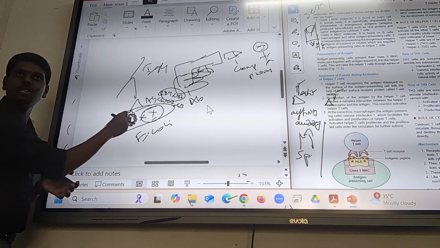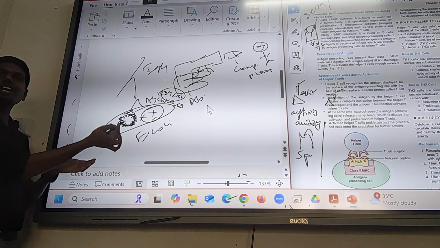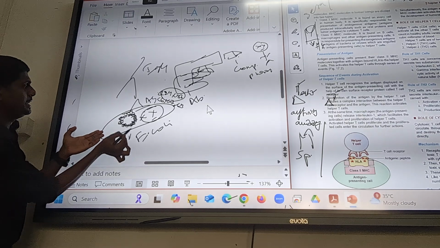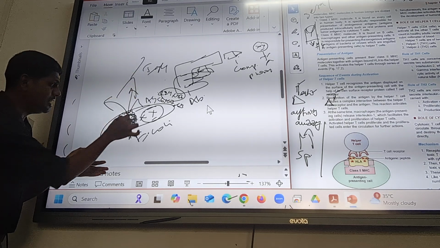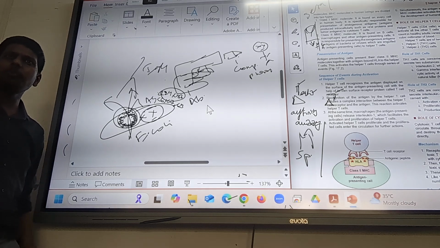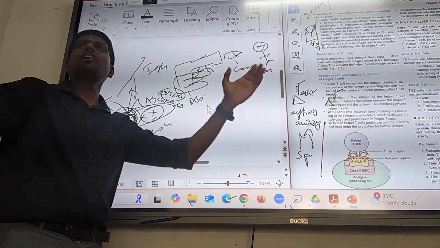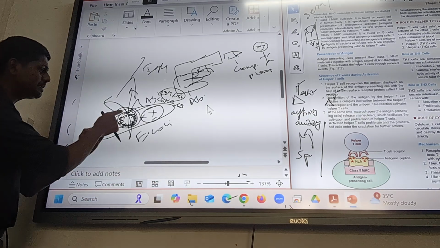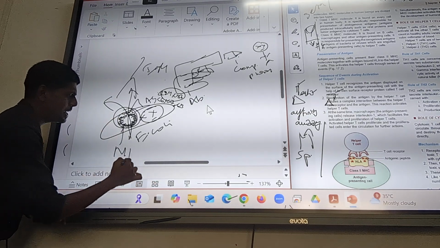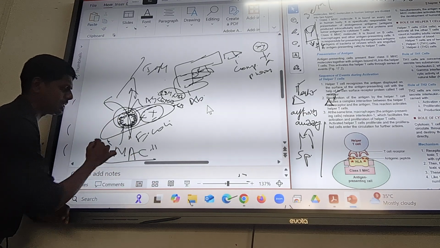Once the holes are drilled, the inside materials will come outside and it will die. This drilling of holes is one of the most potent, lethal, worst ways of killing a pathogen. It's a nightmare to the pathogen. This mechanism is called the membrane attack complex. Very, very dangerous.